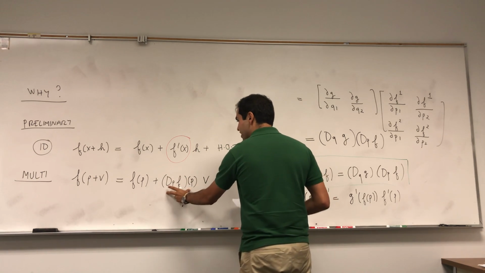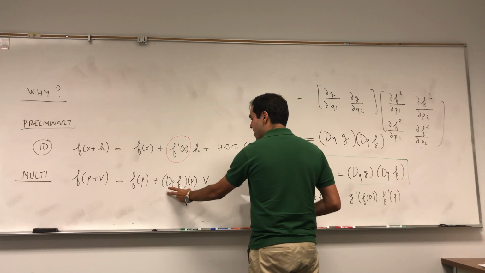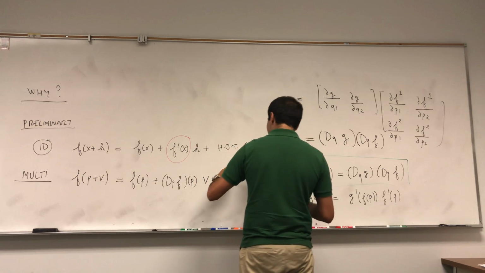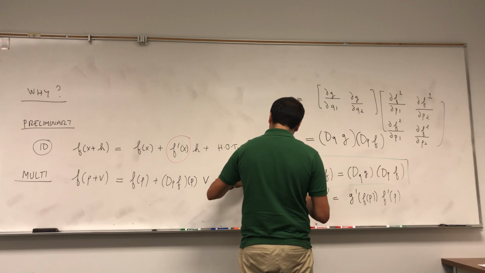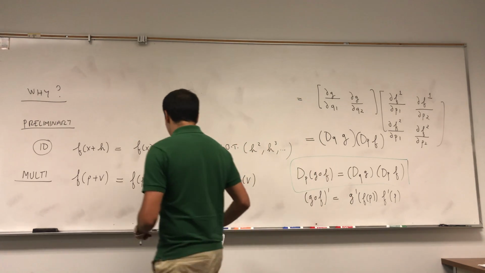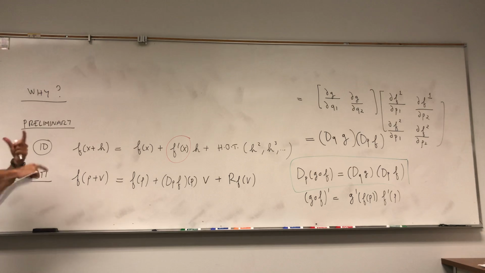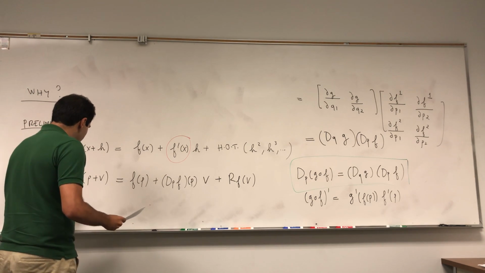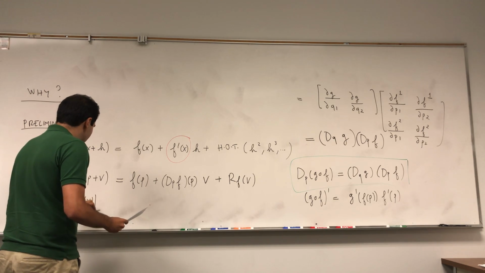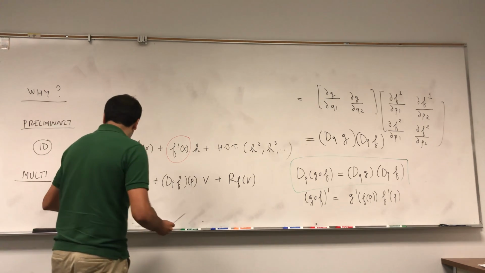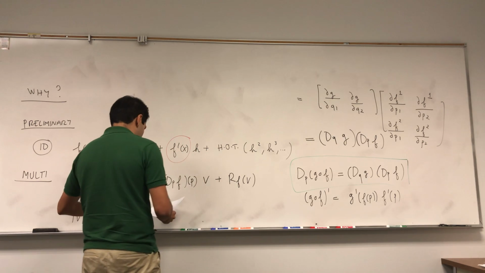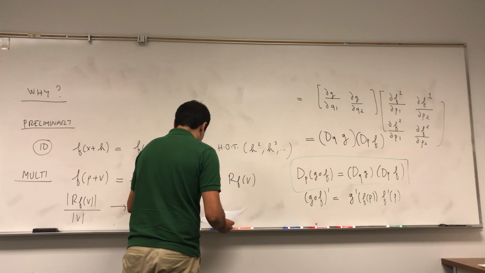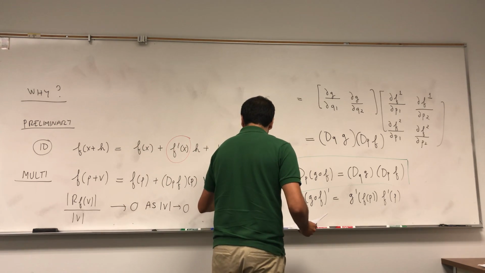So this is a matrix, or I guess a matrix or a vector, and you just multiply it by that vector, plus a remainder term. Let's call it Rf of v. And this remainder term is very small. It's what's called sublinear, namely, as v gets very small, the remainder goes to zero faster than v. So some people write it as little o of v.